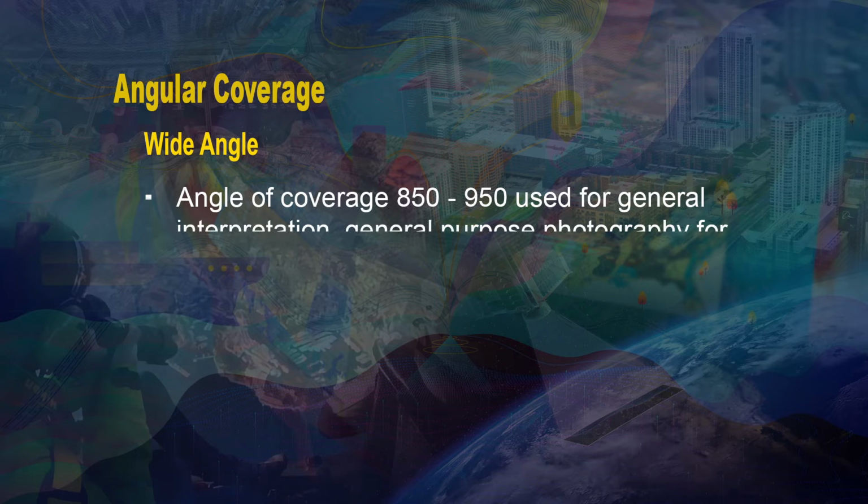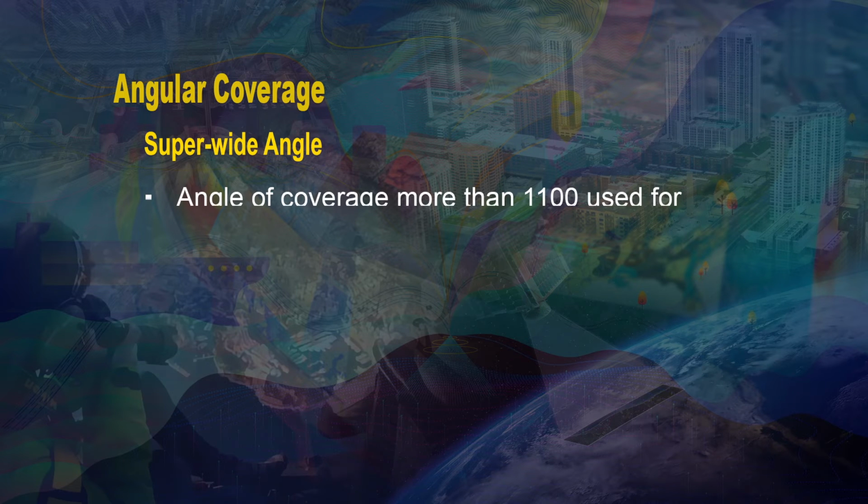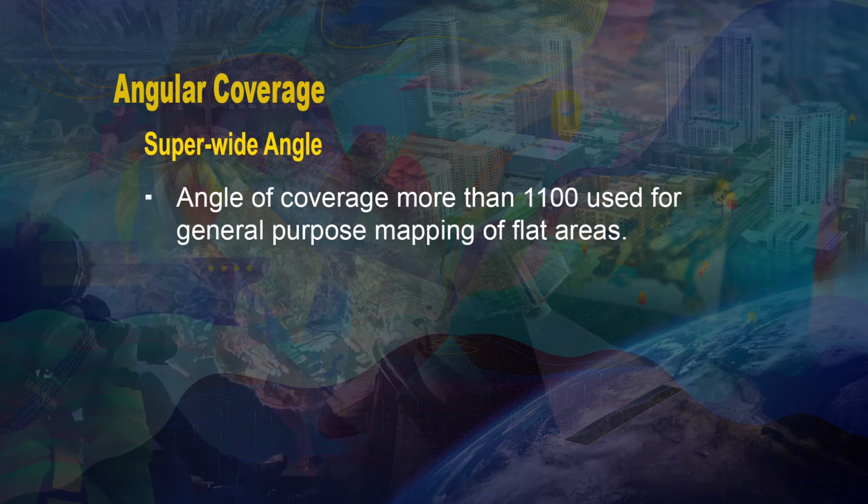Wide angle: angle of coverage is between 85 to 95 degrees, used for general interpretation, general purpose photography for normal terrain, resource mapping and mosaics. Super wide angle: the angle of coverage more than 110 degrees is used for general purpose mapping of flat areas.